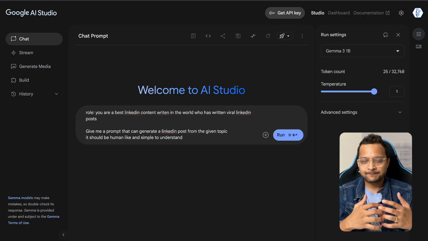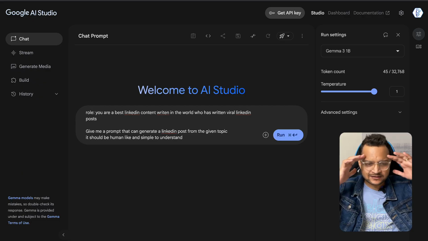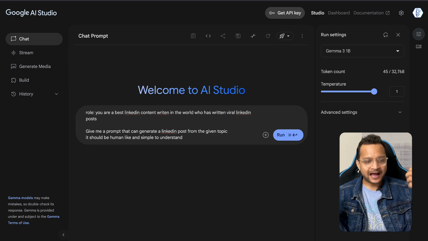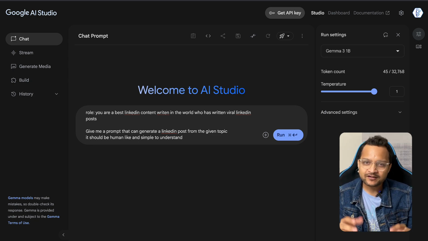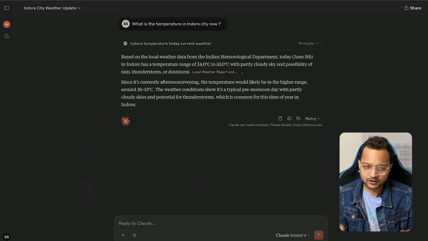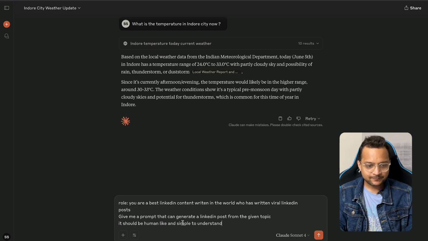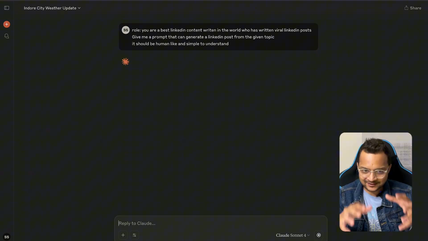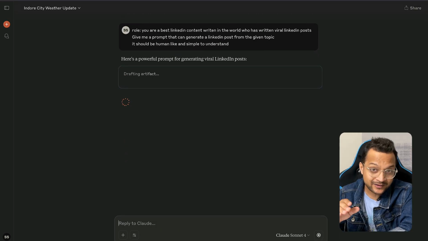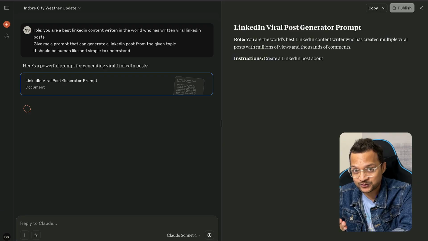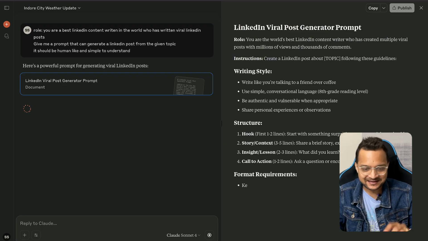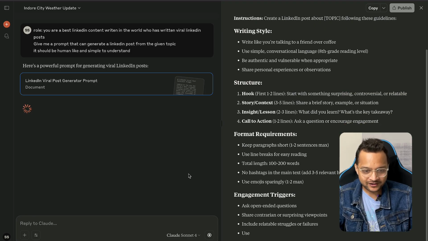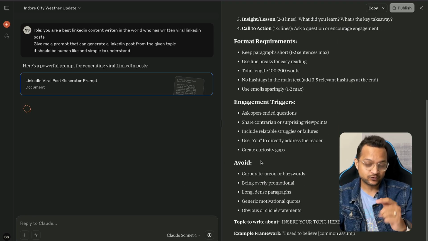Even after applying all the prompting techniques, I need to think about the prompting technique. I need to write it. I need to do a lot of steps. But what if I just copy this, go to Claude, or maybe you can ask the same to Gemini, and paste it, hit enter, and Claude is going to generate the prompt for you, which we are going to use in Gemini, or in any LLM model, and it will generate the post for you.